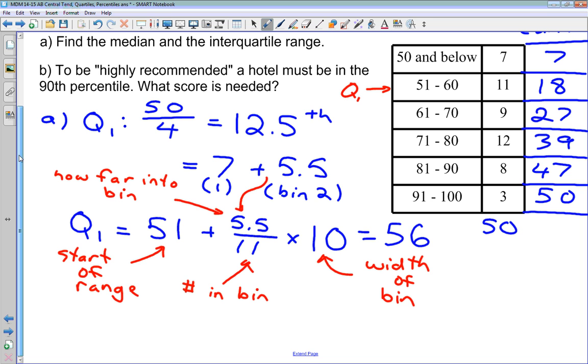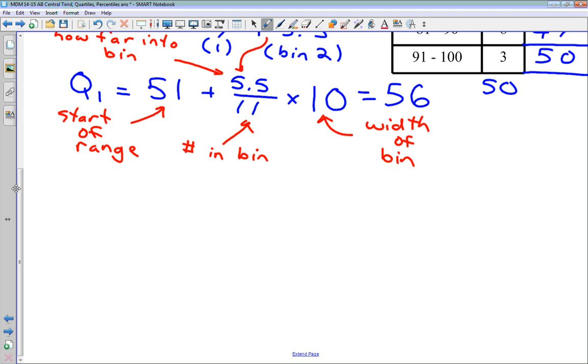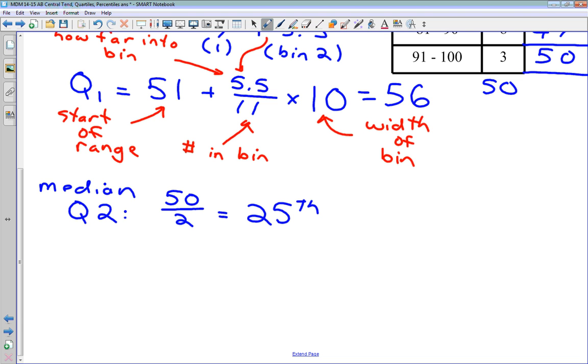Okay, so let's try this again with our next quartile boundary, where we're trying to find the median. The median is going to be our number that is halfway through. So we want 50 divided by 2, or we want the 25th number in our list.